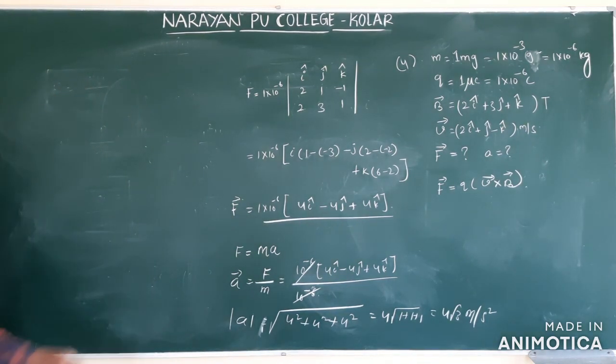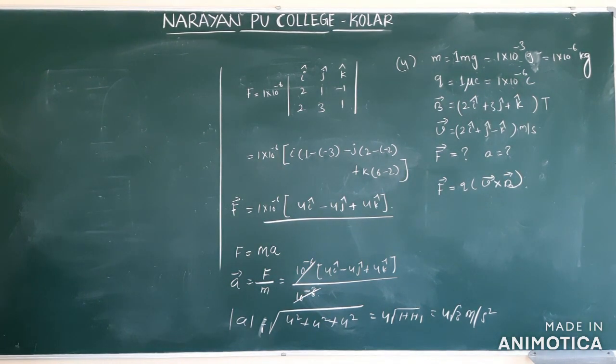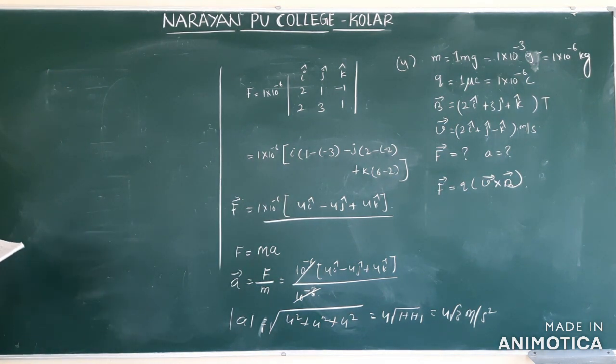Clear? So if they ask vector form, write in vector form. If they ask magnitude, write the magnitude. If they ask force magnitude, directly find the force magnitude. Clear? Next question is what?